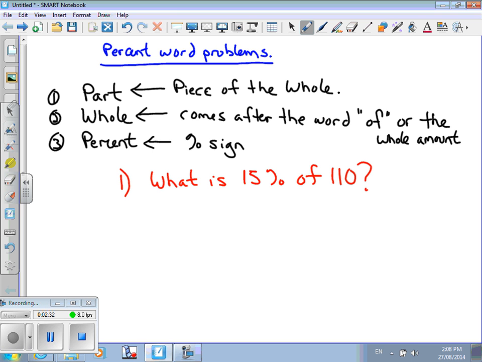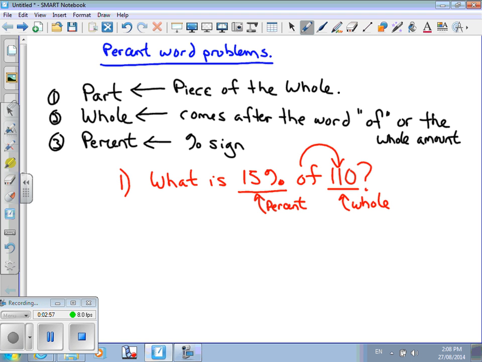Looking up to our definitions, 15 comes with a percentage sign attached to it. That is our percent. 110 comes after the word of, so that must be our whole.